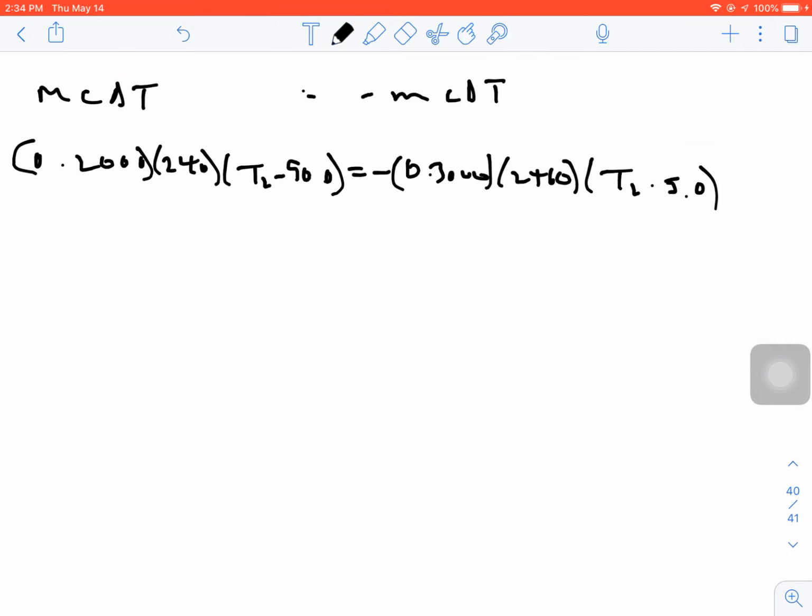So I've got 0.2 times 240 on the left, which is 48, times T2 minus 90. On the right, I have 0.3 times 2460 negative. I'm getting negative 738.